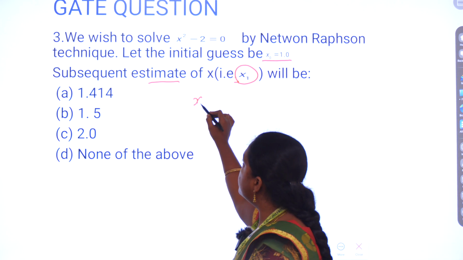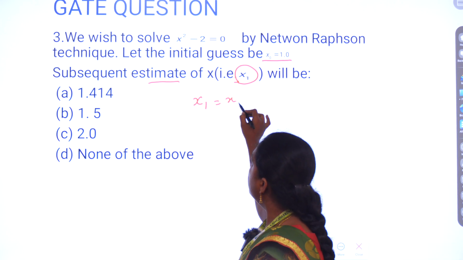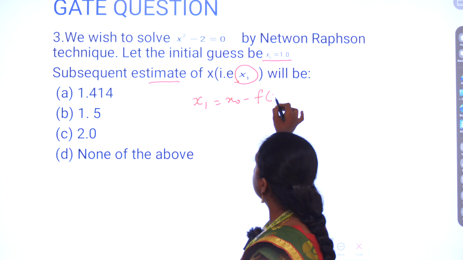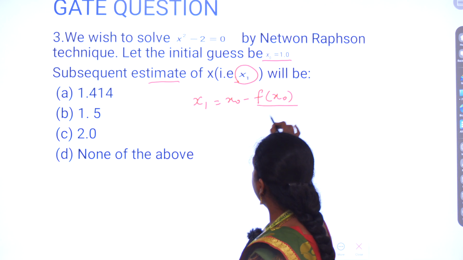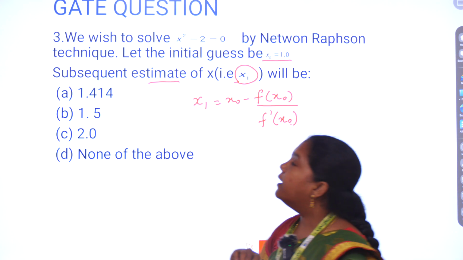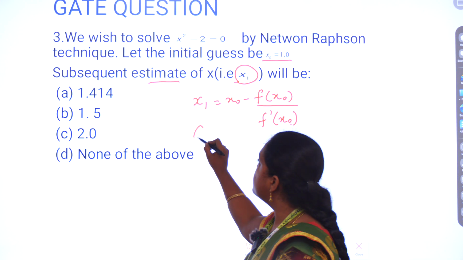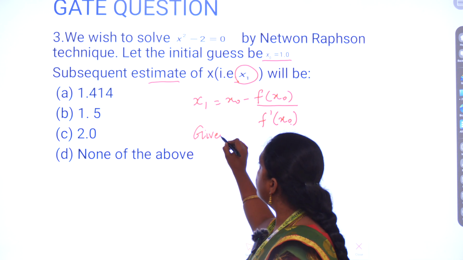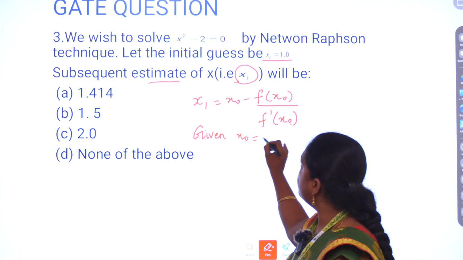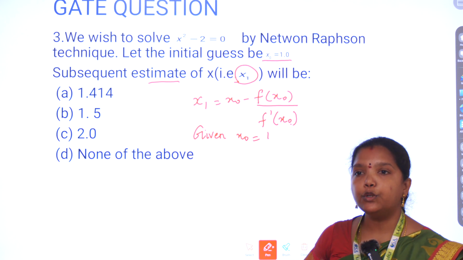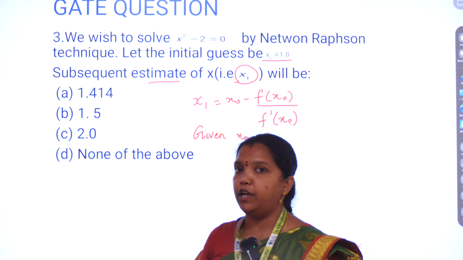We know the formula for this one. x1 is equal to x naught minus f of x naught divided by f dash of x naught. The problem already gives the initial root x naught as 1. And we need to know what is the f of x and f dash of x.